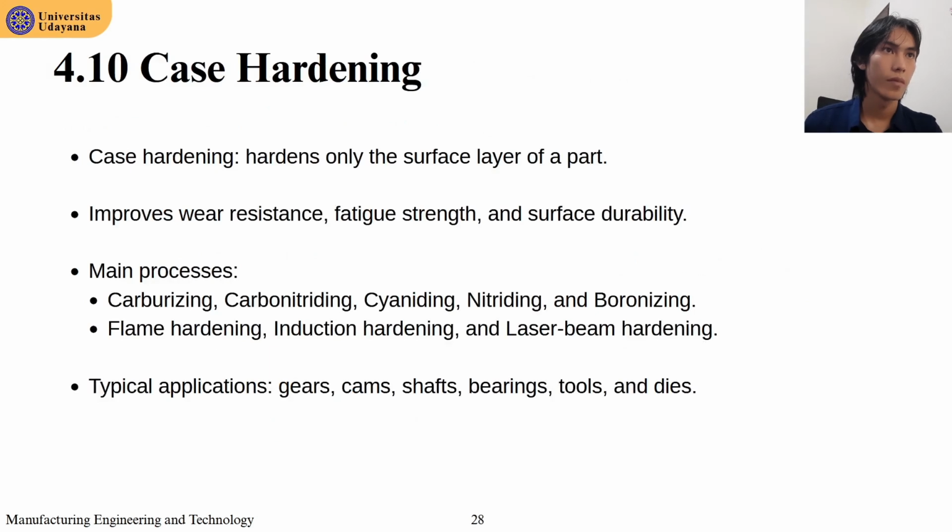Next, case hardening. Case hardening hardens only the surface layer while keeping a ductile core. Common processes: carburizing, carbonitriding, cyaniding, nitriding, boronizing, plus induction and laser hardening.